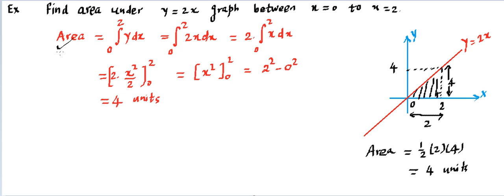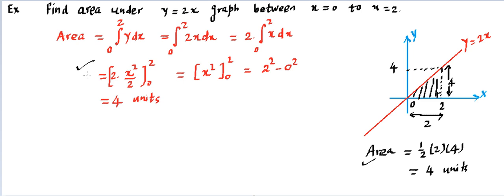This can be applied to any function, no matter what the function is, no matter what geometry is being formed. As long as you can perform the integration and place the limits, you will be able to find the area under the graph. This makes this particular use of integration very, very important. Understood? So here we have verified by using the triangular area formula and by calculating the area using integration, and that's the use of integration.